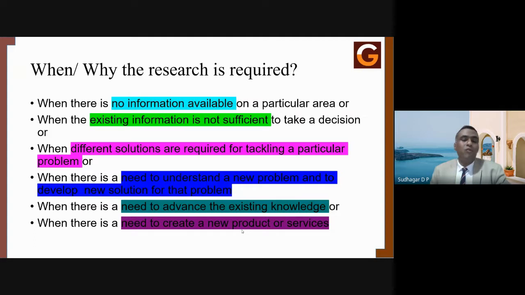Finally, when there is a need to create new products or services. You look at any industry, they cannot be running their business with the first product or services they had introduced in their company.